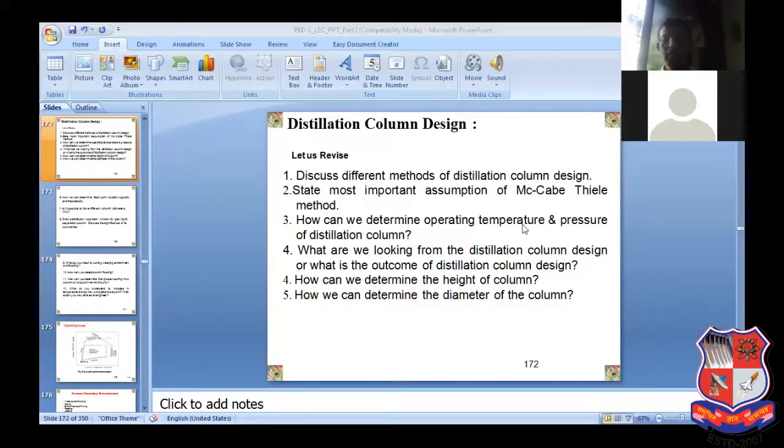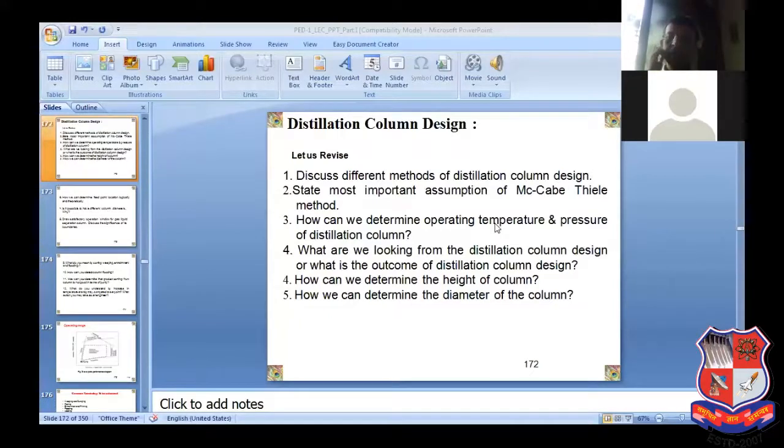I have mentioned a few questions over here, which I normally ask. Even in packed column design, we have learned that when you start designing either an absorption column or distillation column, the first question is whether you want to go for a packed column or a tray column. We have learned the advantages, disadvantages and selection criteria for the packed column. Can you suggest, similarly, under which circumstances you may recommend a tray column?